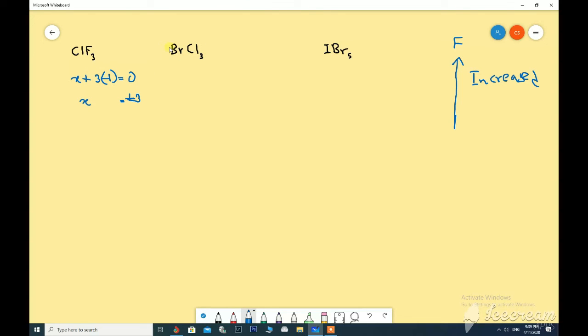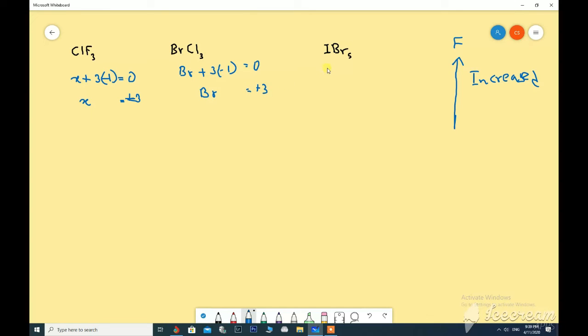In BrCl3, chlorine has the higher value, so bromine add 3 times minus 1 is equal to 0, so the oxidation number of bromine is equal to plus 3.